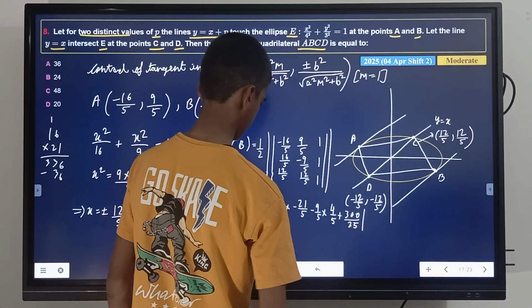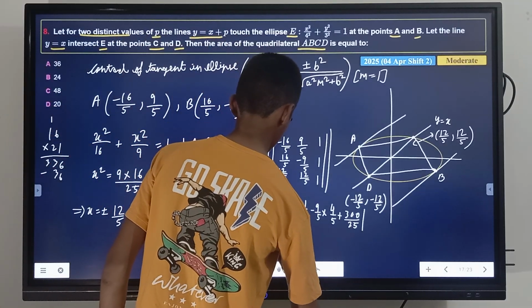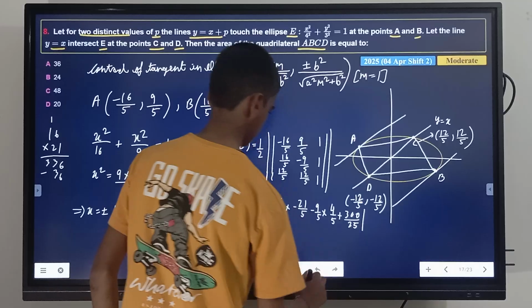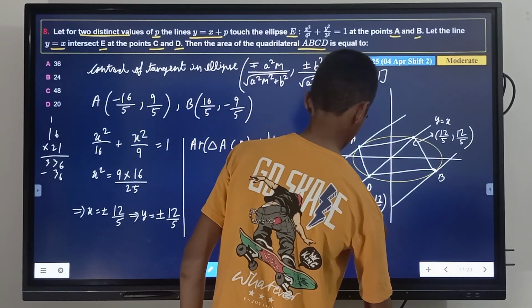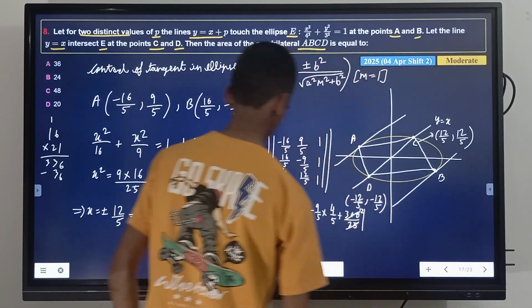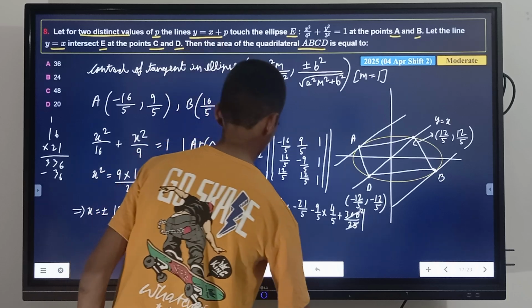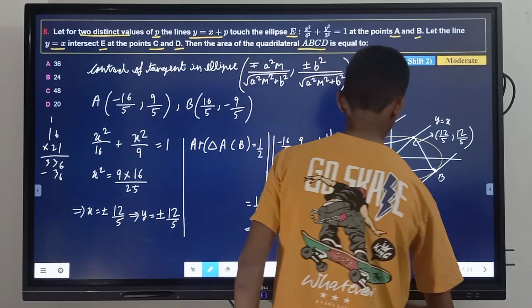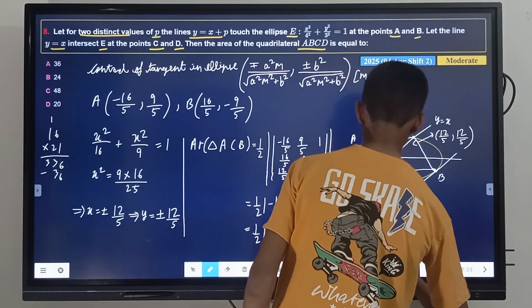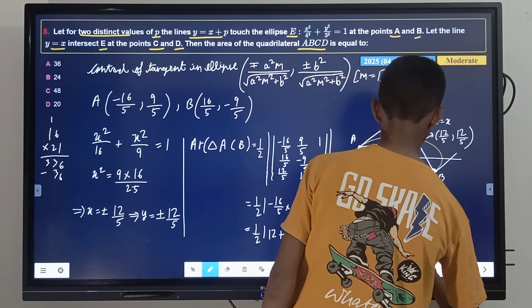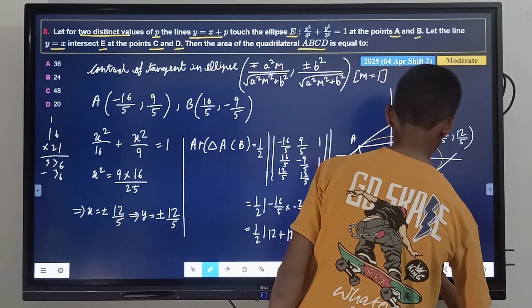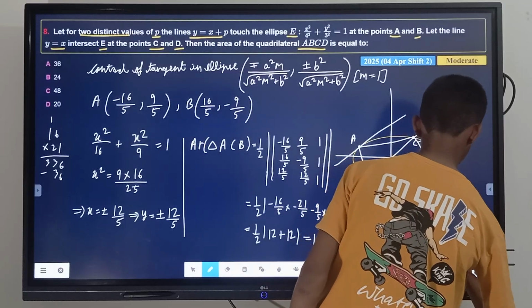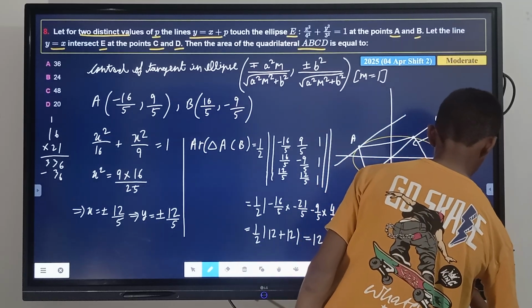So again 300 by 25, 300. This cancels by 12. So 300 by 25 is 12 plus 12 is equal to 12. From here, our area of ABCD is 2 times 12, which is 24.